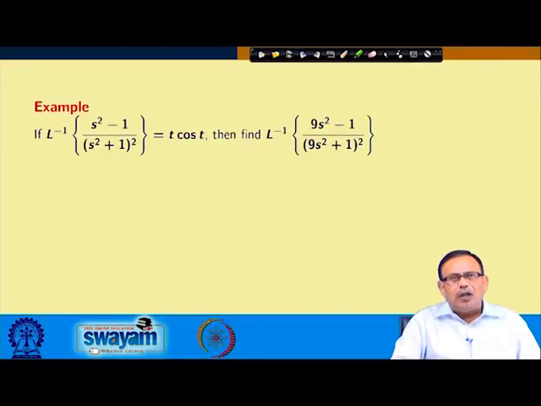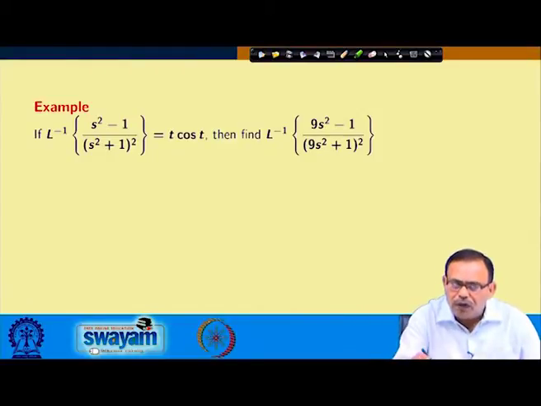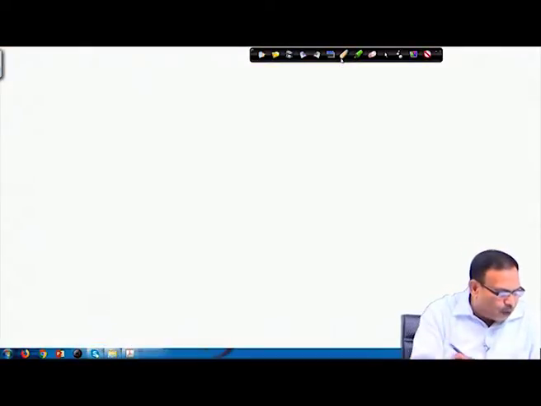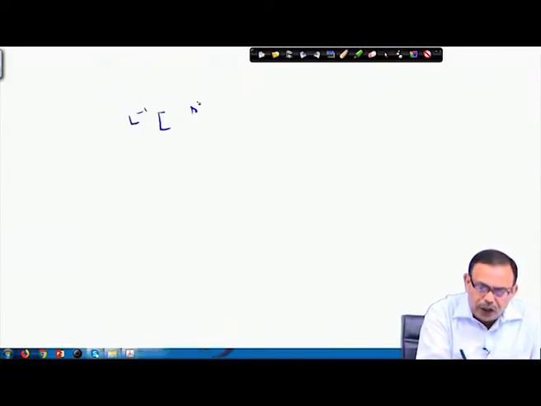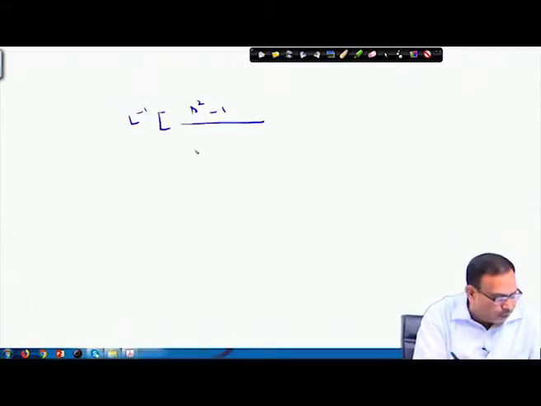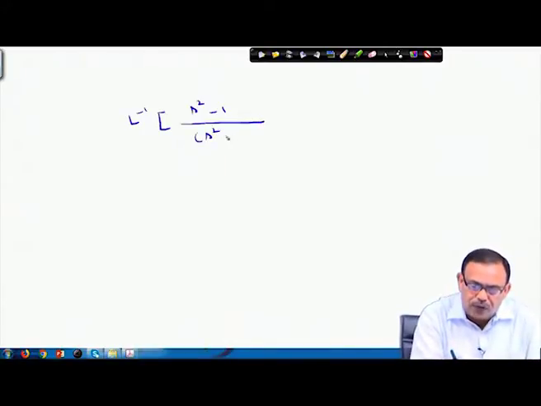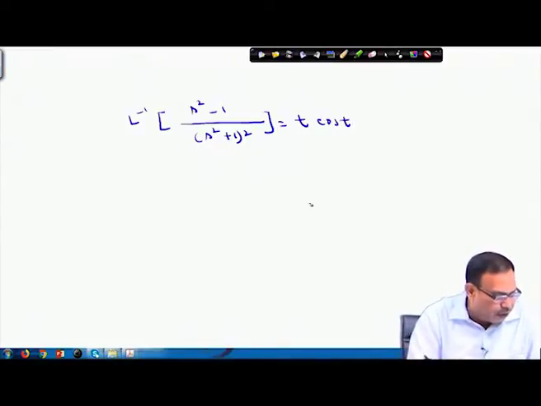In other words, if I know the Laplace inverse of some function, using that knowledge, how do I find the Laplace inverse of some other function? For this one, Laplace inverse of (s square minus 1) by (s square plus 1) whole square, we have written as t cos t.